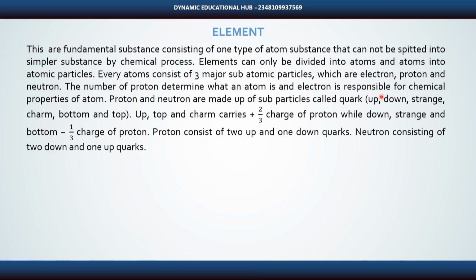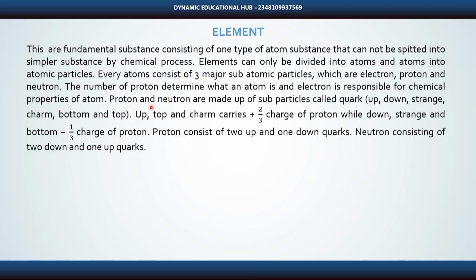Now for electron, when we are talking about the chemical properties and chemical reactions of an atom, we are talking about electrons. So the electron is responsible for the chemical attributes of an atom. Now, proton and neutron are made up of subatomic particles again.